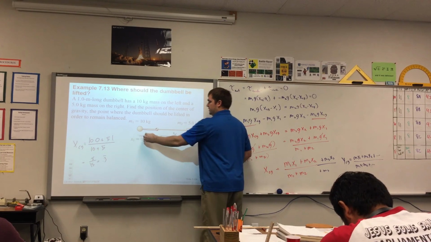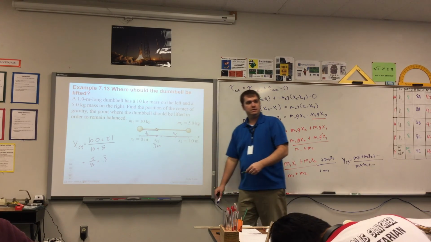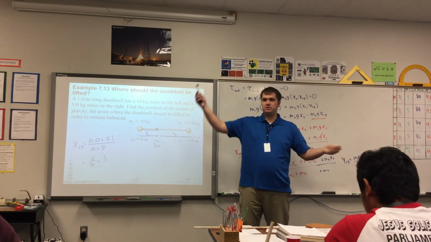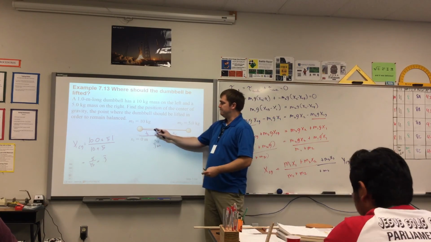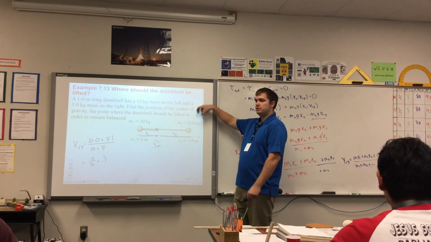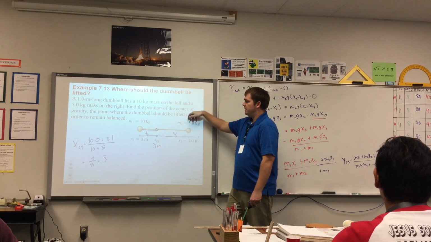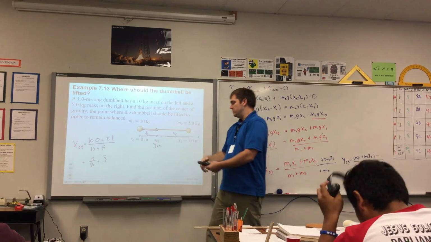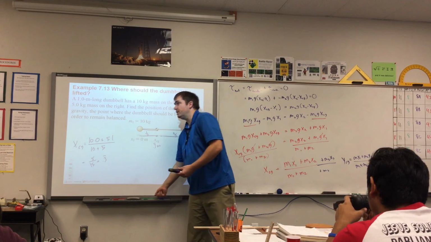This is 2/3, this is 1/3. Y'all see that? In order for something to be balanced, if it's twice as heavy over here, you'd want that pivot closer. Otherwise, as we found out, if you're farther out, there's more torque. So this is how the torque from the 10 kilograms is completely balanced with the torque from the 5 kilograms.